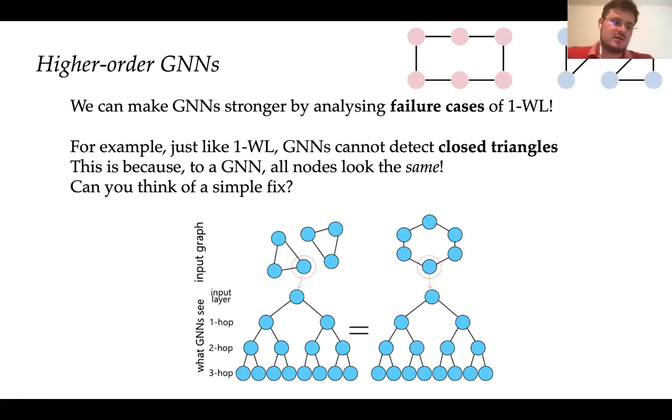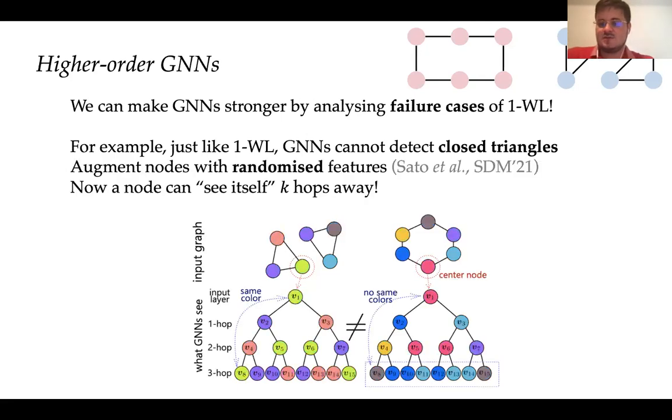I will let you think about some ways in which we can fix this. And I will give one way, which is the simplest possible way to do this. And it's as trivial as just put a random number, a randomized number feature in every single node.